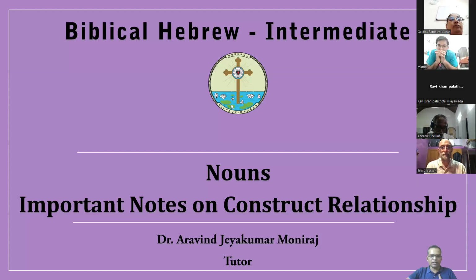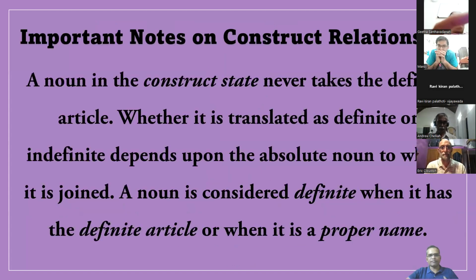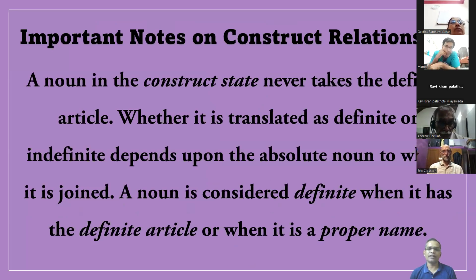Some important notes that we have to understand. Important notes on construct relationship. A noun in the construct state never takes the definite article. Whether it is translated as definite or indefinite depends upon the absolute noun to which it is joined. This is what I have said.